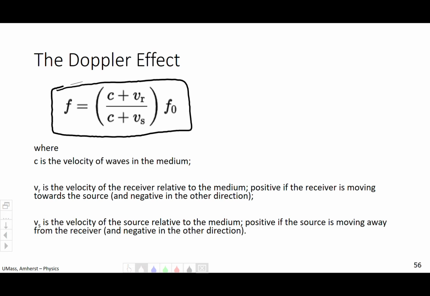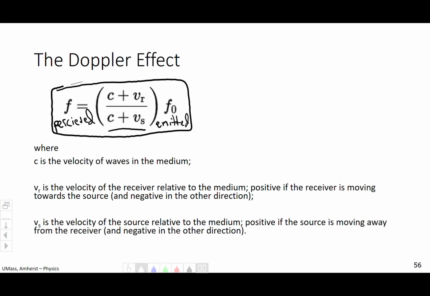So this is the perceived frequency, and this is the emitted frequency. The perceived frequency is the emitted frequency multiplied by this coefficient, where c is the speed of the waves, VR is the velocity of the receiver relative to the medium, and Vs is the speed of the source relative to the medium.